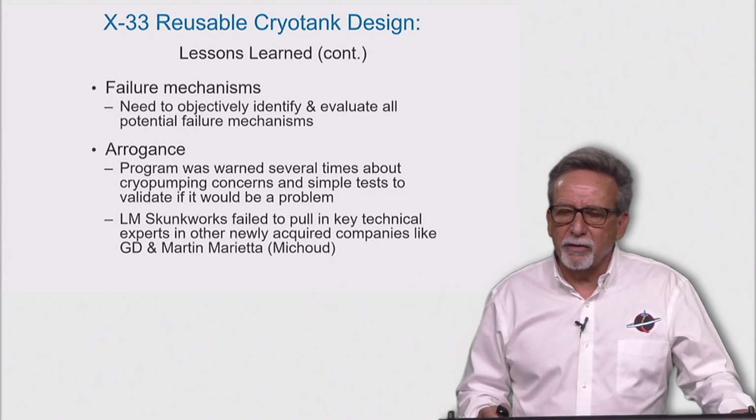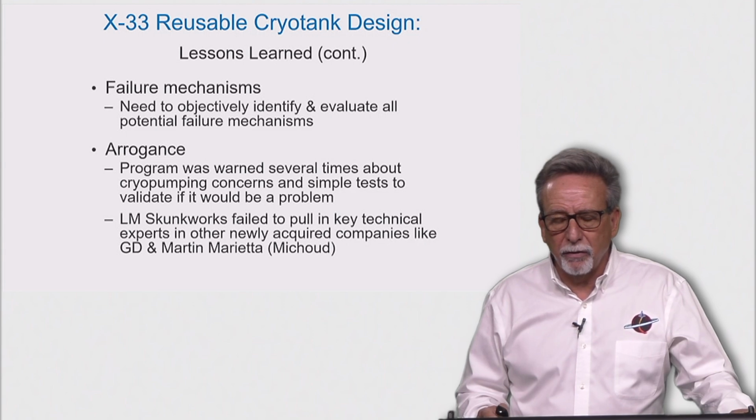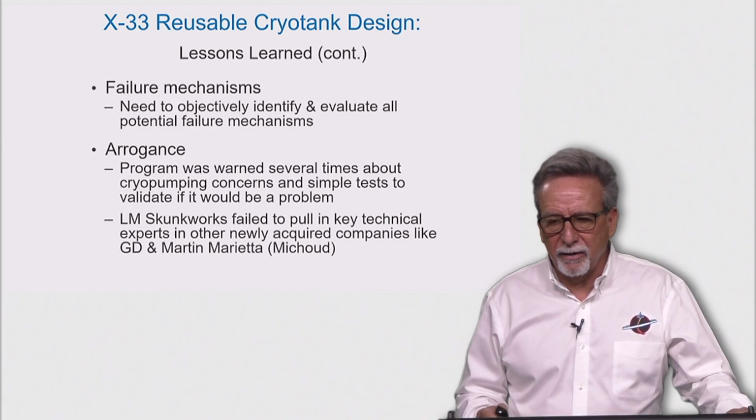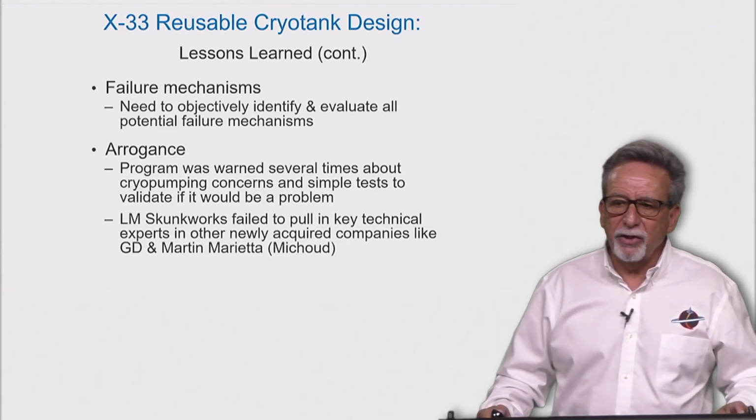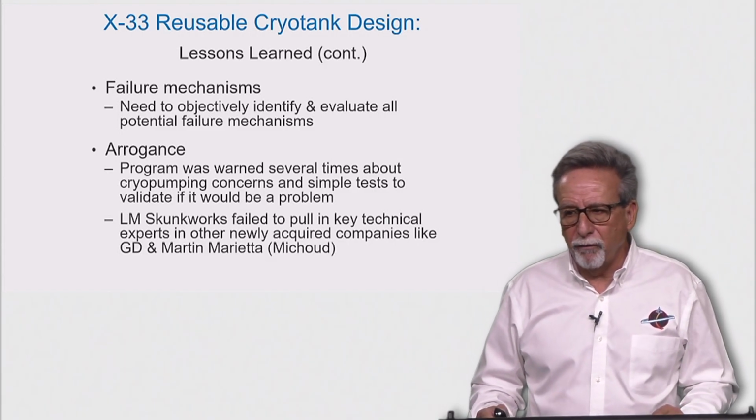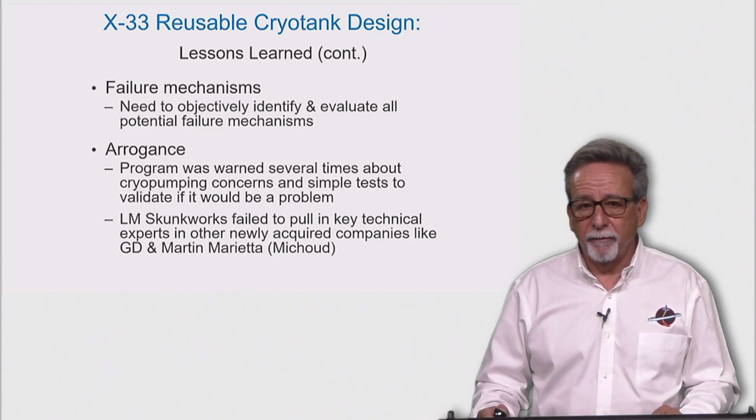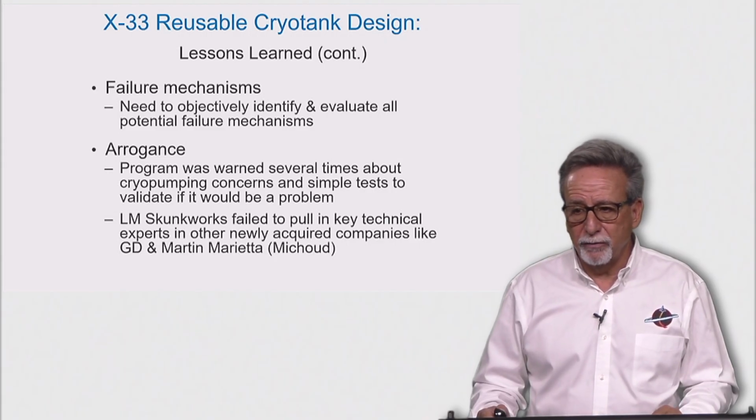Okay, this slide talks about some of the other lessons learned during this case study of the X-33 cryotank. Failure mechanisms. Once again, you need to objectively look at all critical failure mechanisms very early on and test them in an intelligent way to see if there'll be a problem. Another issue was arrogance. We warned the program several times about cryopumping, but they ignored our concerns.